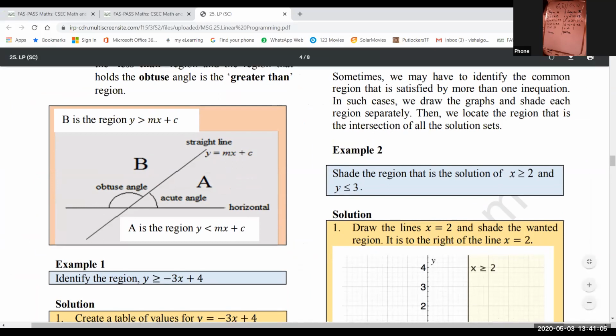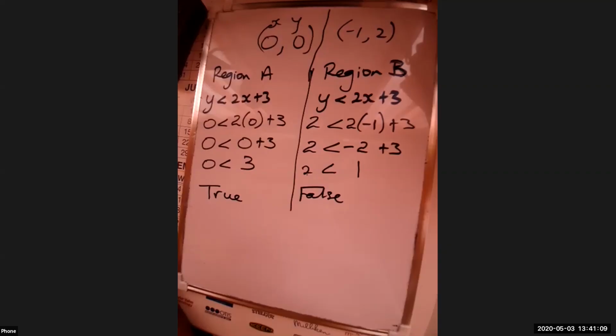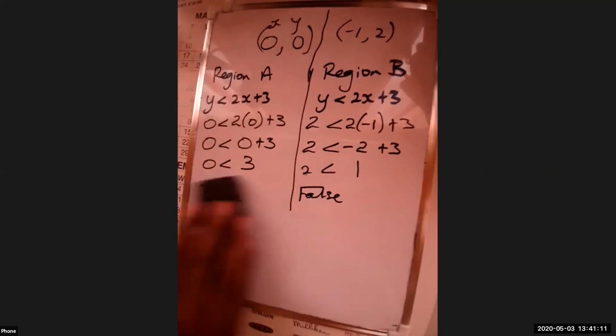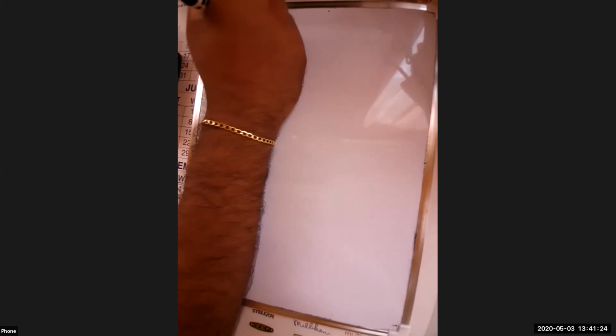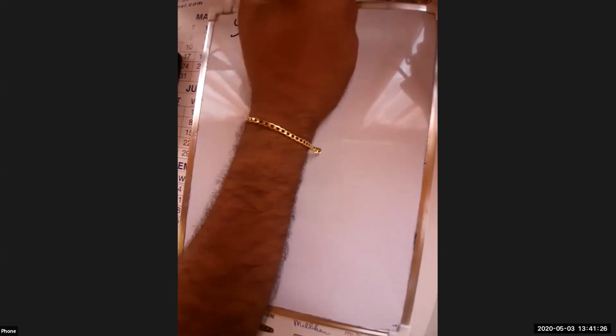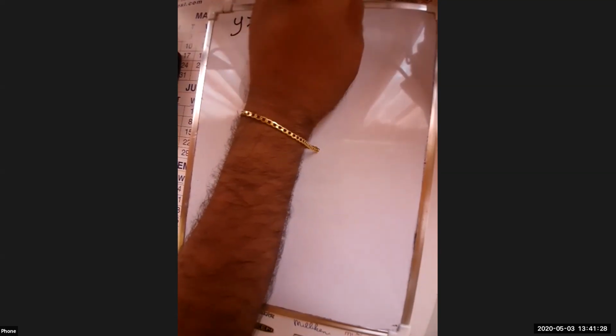Let me go to my camera. Let me just rewrite this: y is greater than or equal to negative 3x plus 4.